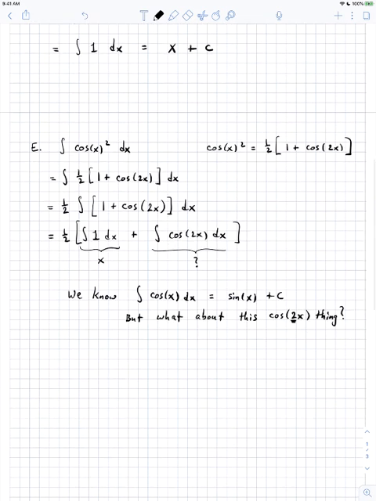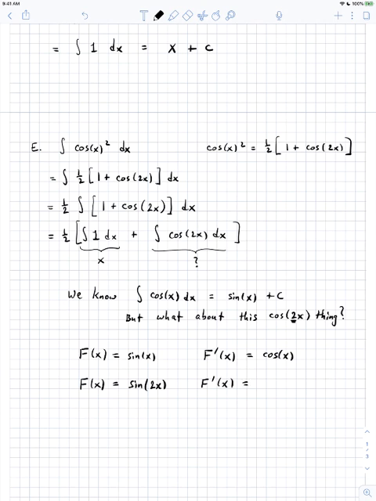Well, at this point, let's just think about this in terms of antiderivatives. So if capital F of x is equal to sine of x, I can compute the derivative easily enough. F prime of x, derivative of sine, is cosine of x. So what if I change the antiderivative? So it's not sine of x, it's sine of 2x. What will happen to my derivative? F prime of x is not going to be cosine.